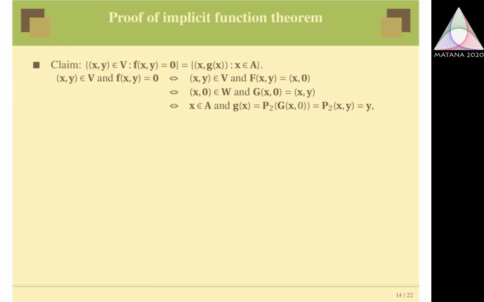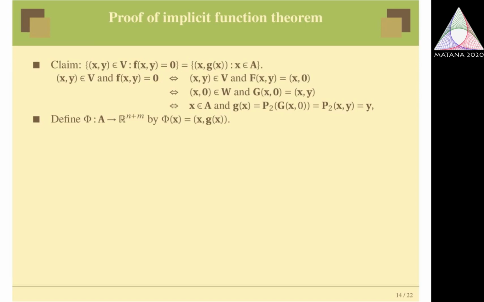Similarly, applying capital F on both sides of (x,y) belongs to V, we get (x,0) belongs to W. The last equivalence is obvious because by definition (x,0) belongs to W is equivalent to x belongs to A, and small g by definition is P2 of capital G of (x,0), which is nothing but y.